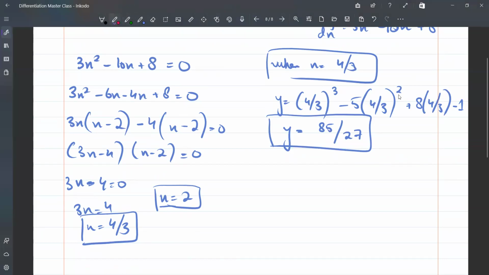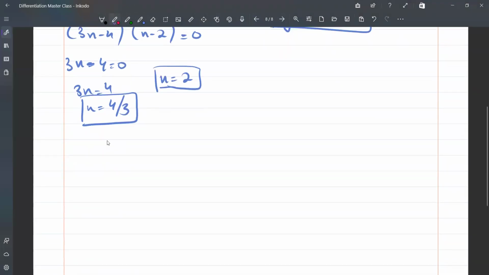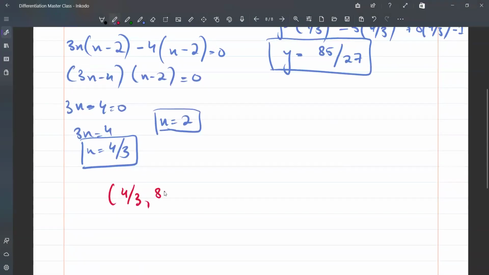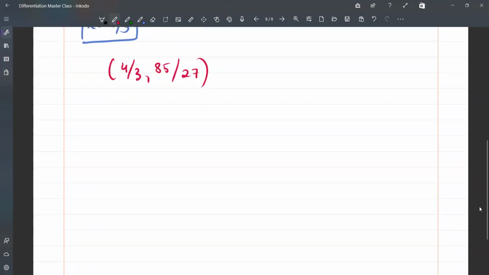So we have one stationary point: one point is 4 upon 3 and 85 upon 27.